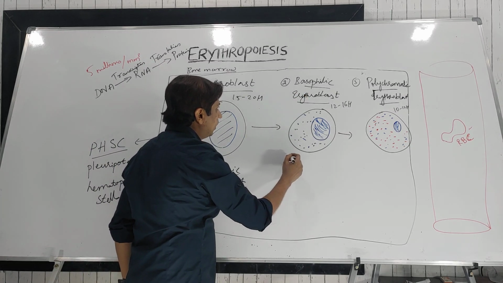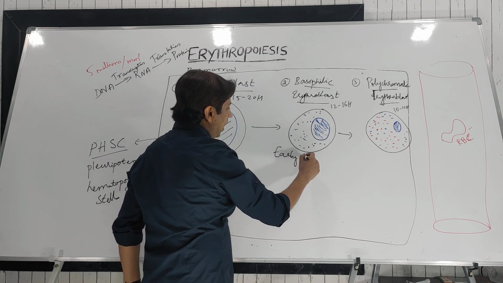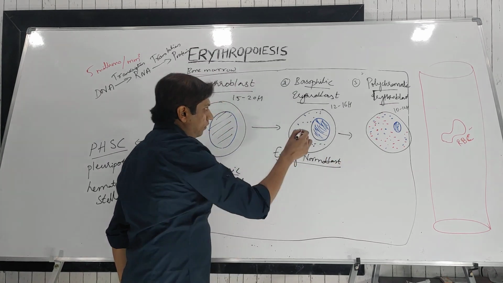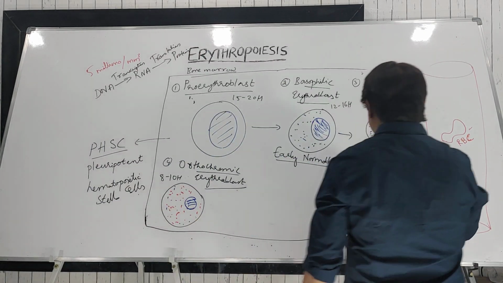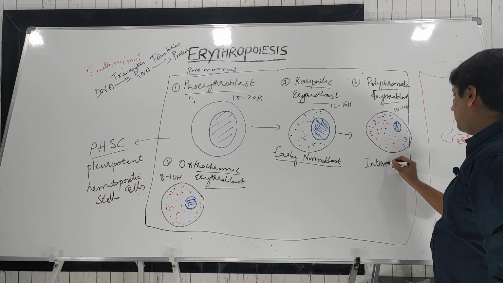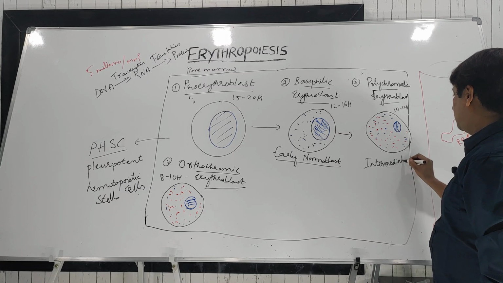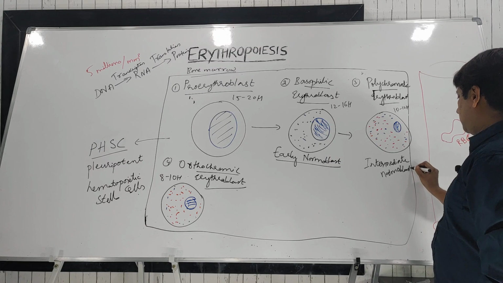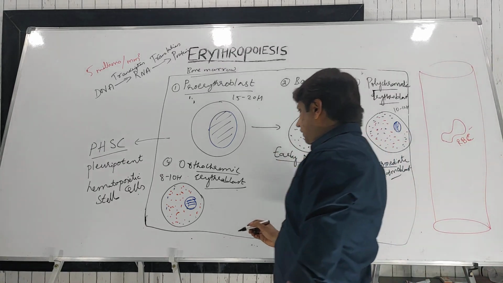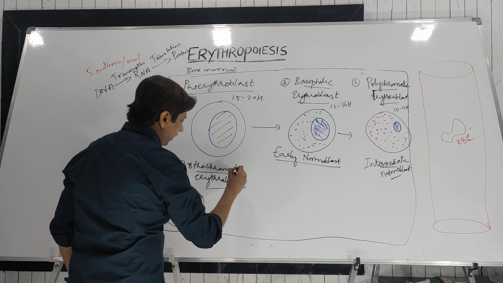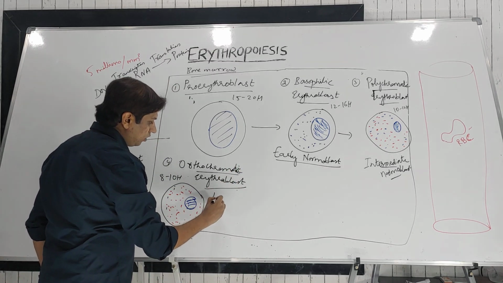This basophilic erythroblast is also known as early normoblast, and this polychromatic erythroblast is also known as intermediate normoblast, and this orthochromatic erythroblast is also known as late normoblast.